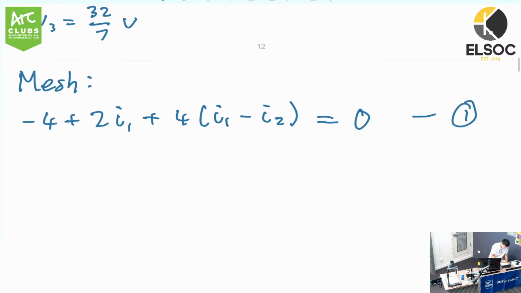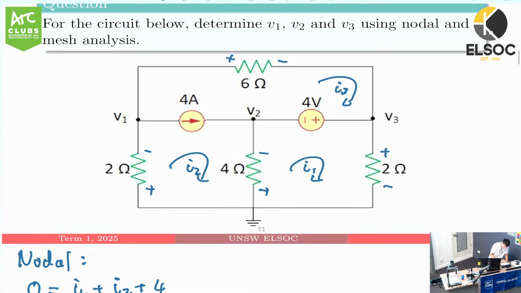Now, since we have this current source here, we have to form a super mesh. So we're going to combine mesh 2 and 3, and go around this entire loop and apply KVL. Before we do that, let's establish our super mesh condition. We set the current of this source equal to the difference between I2 and I3.